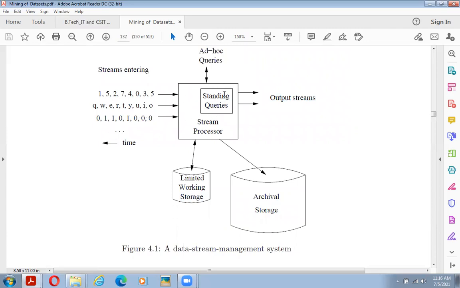There we have a stream processor, which processes with limited time and storage, and we have archival storage. From the streams, we can also go for standing queries or ad hoc queries to get things done.